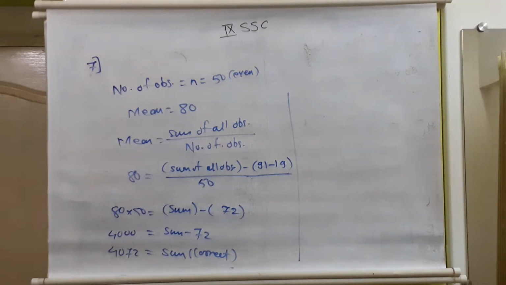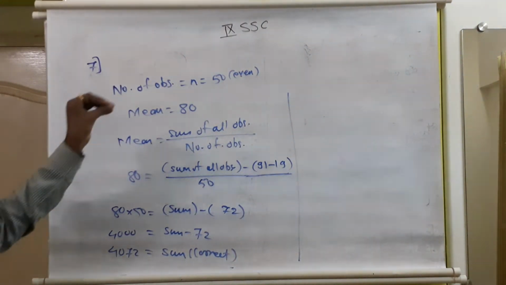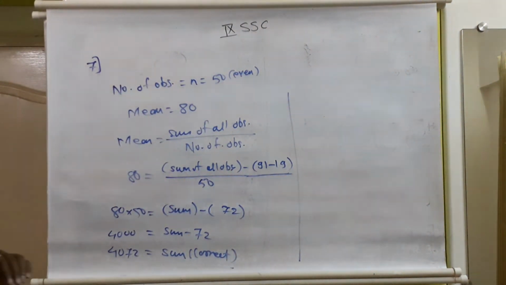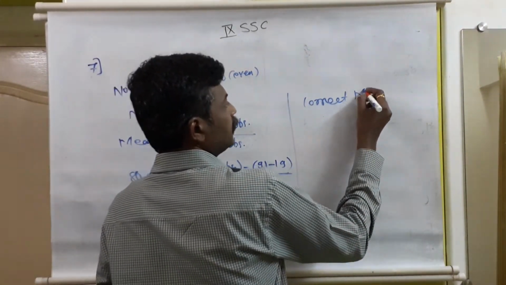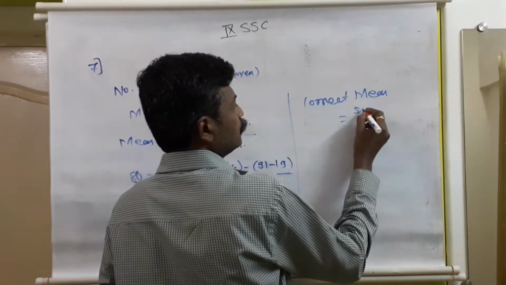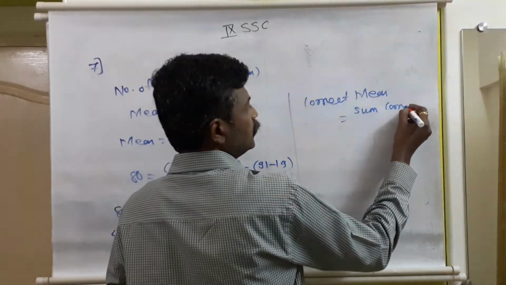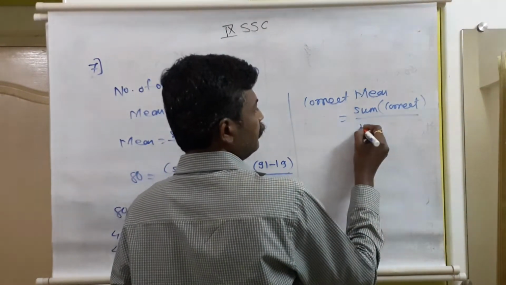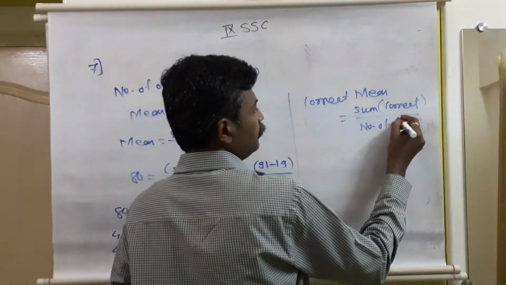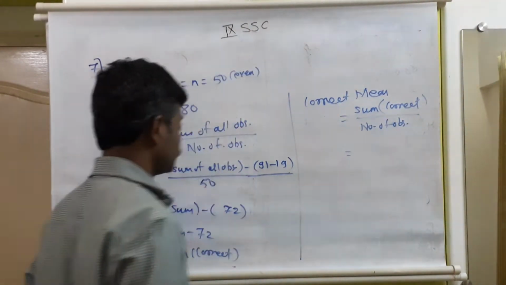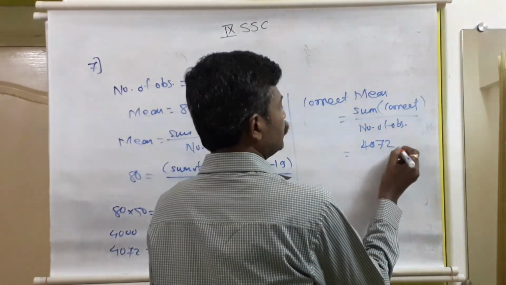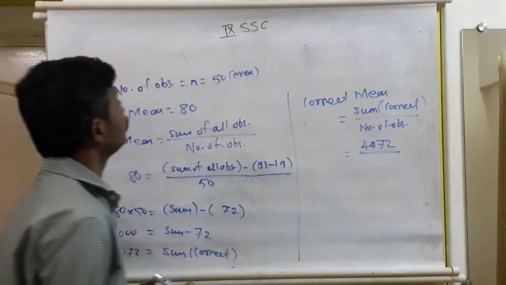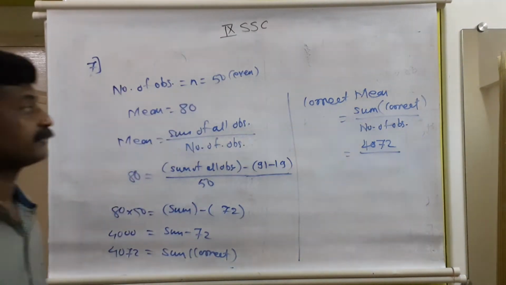Now if we want to find out the correct mean, we need to divide by number of observations. So correct mean is equal to correct sum divided by number of observations. Correct sum is how much? 4072 divided by number of observations, which is 50.